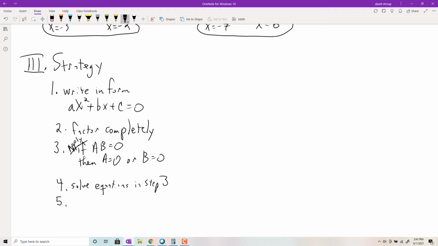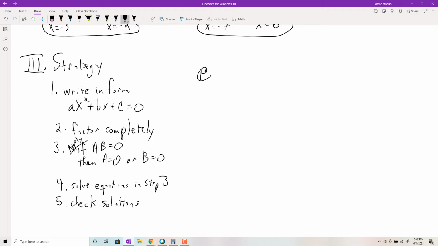And then fifthly, if you have time, check your solutions. And I am notorious for not checking. I should, but I am getting older, so I forget.